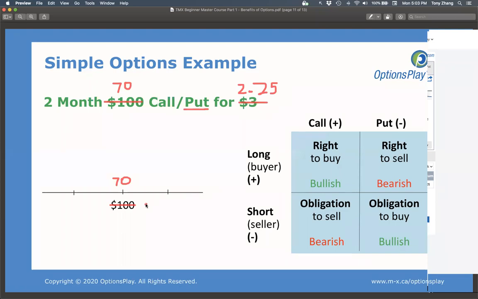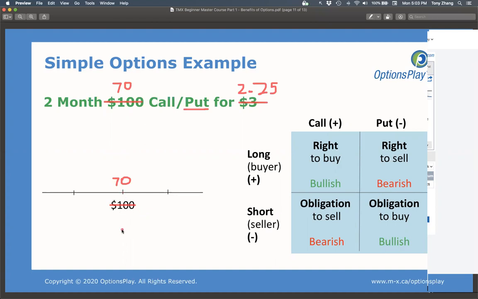What happens? For those of you that know the answer, feel free to shout it out in the chat window. Very similar to the call option, if I have the right to sell someone a stock for $70 that's worth $70, that transaction in theory is actually worth nothing to me. But I had to pay someone $2.25 initially to get into that trade.